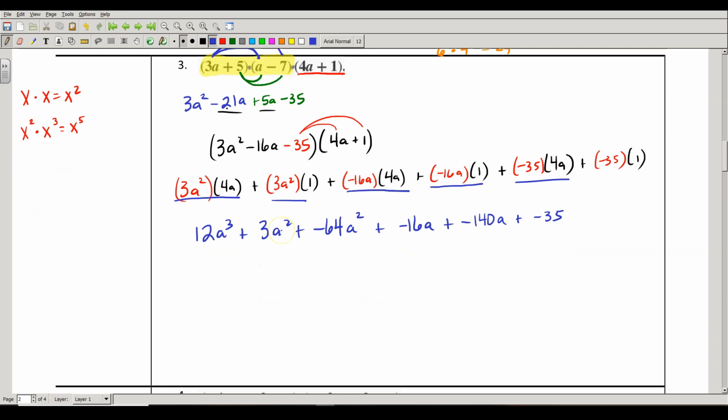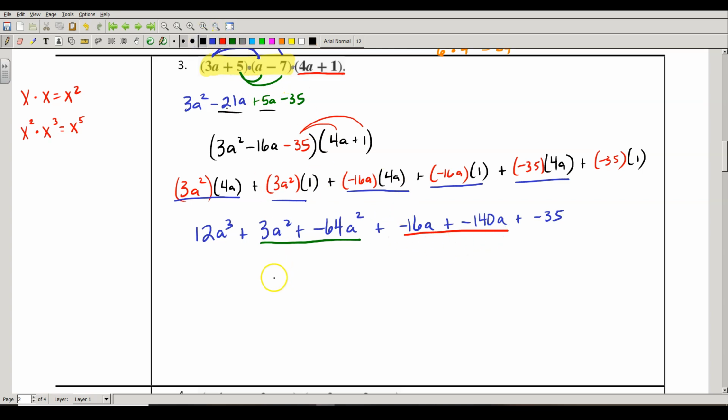All right, so we have the same thing now that we did in the first example or two. We just have to add all these things together, find our like terms, and simplify it down as much as we can, which our like terms are these: we have a squareds that are like, we also have just the a terms that are like.